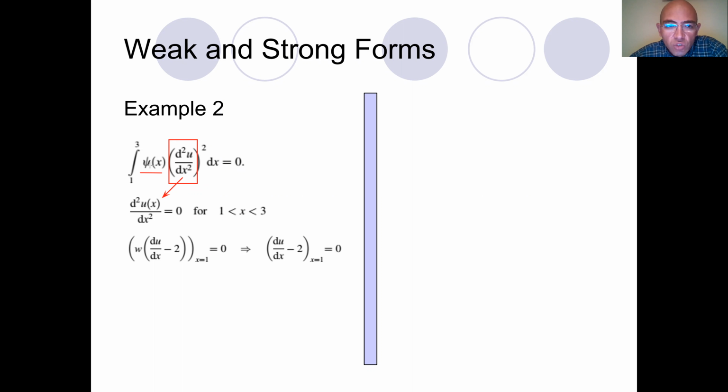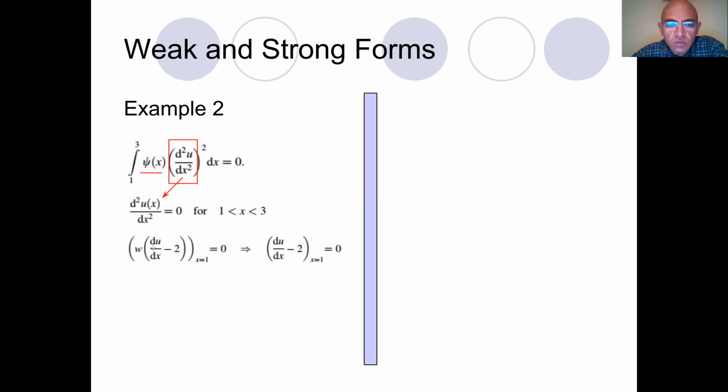And remember that we choose this term as positive too. The multiplication of these two terms is positive. But we know that this integral has to be 0, and the only way that this integral is 0 is this term. So d²u/dx² is 0. This is the only way.